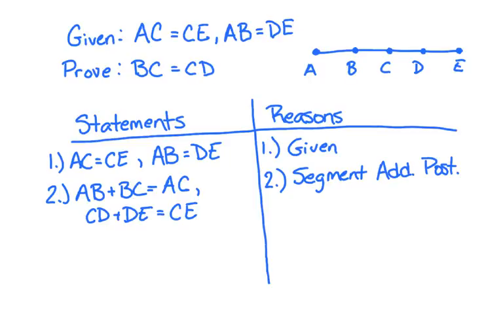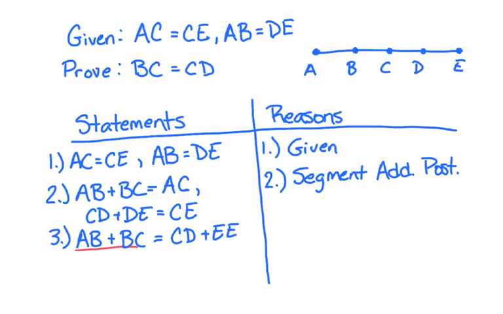All right, the next statement is this here. We have AB plus BC equals CD plus DE. Well, the reason we know this statement right here is true is because look at the previous statement and look at statement number 1 also.